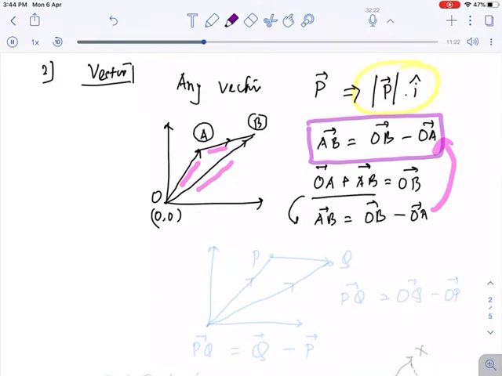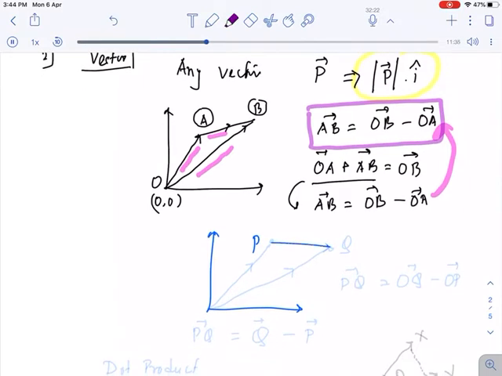So in short, if I represent any vector, that is PQ like that, then PQ will be OP minus OQ, or sorry, OQ minus OP. So from Q to P we have to subtract. So PQ will be OQ minus OP.